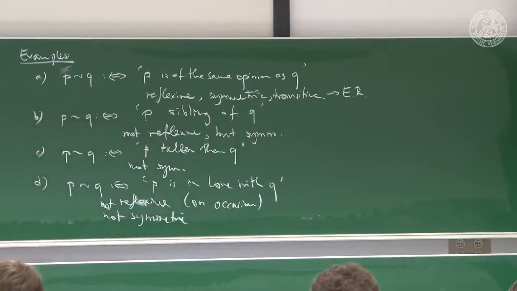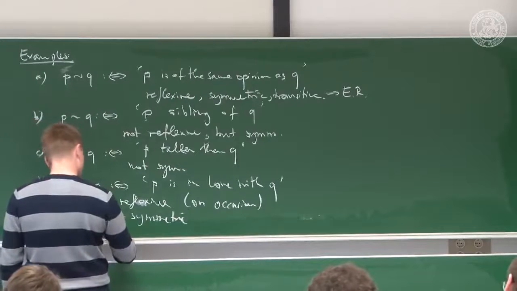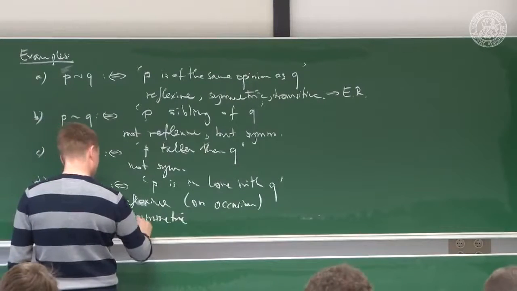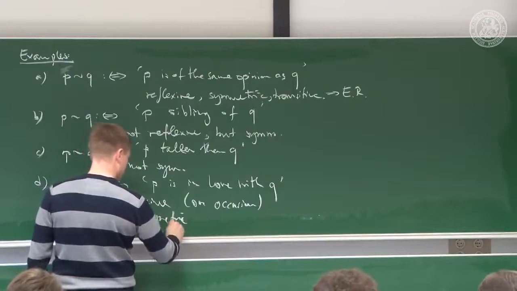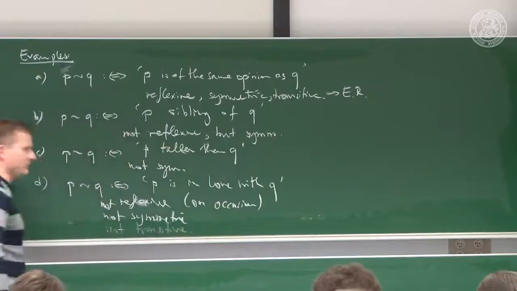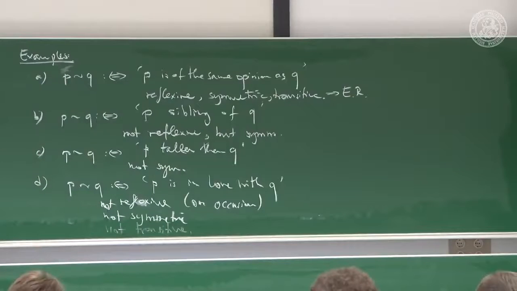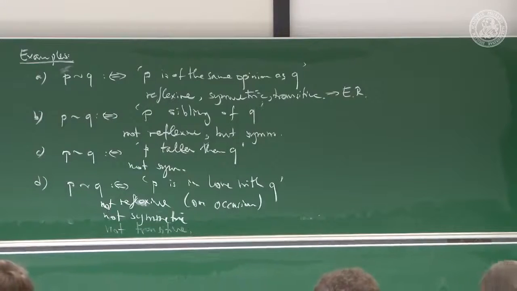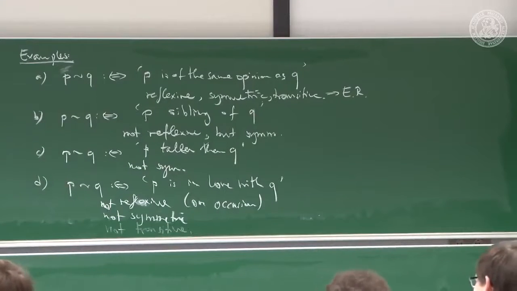That's the basis of much drama in literature. And it's not transitive. Maybe only in French movies, French art cinema, it's transitive. All right, so only the first one is really an equivalence relation.